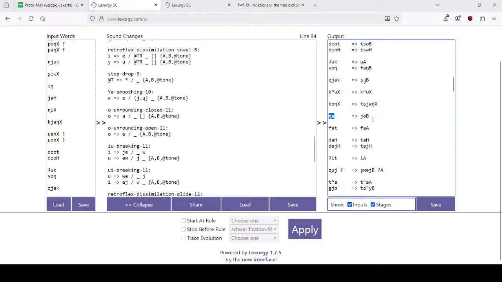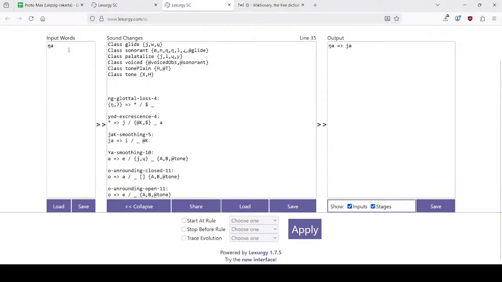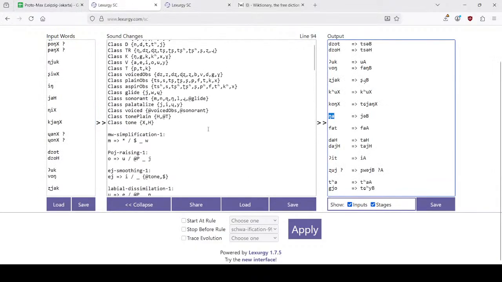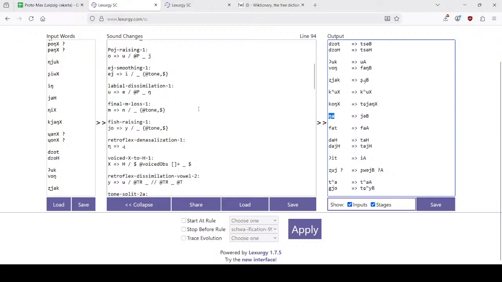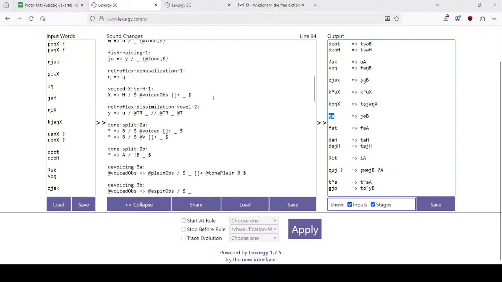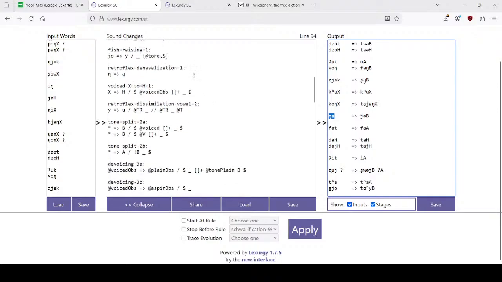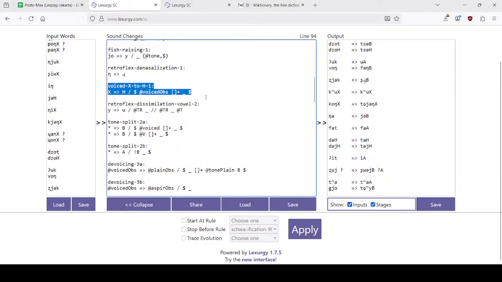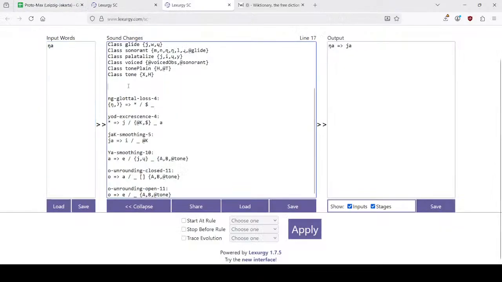But right now it's giving, oh, because we want a tone and we have to put in a tone. So where's the bit that deals with all the tones? I think it's voiced X to H. And then retroflex, not even retroflex, it's just voiced X to H, which we need to put in.